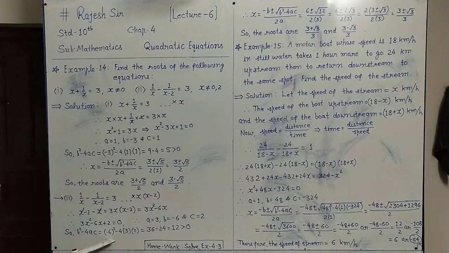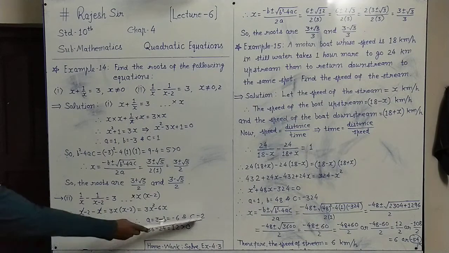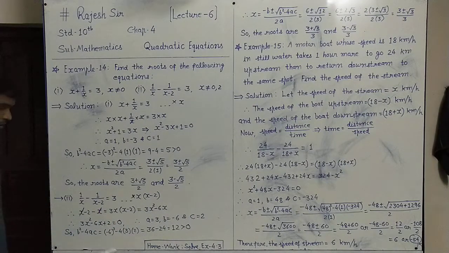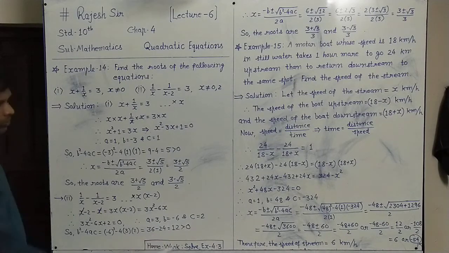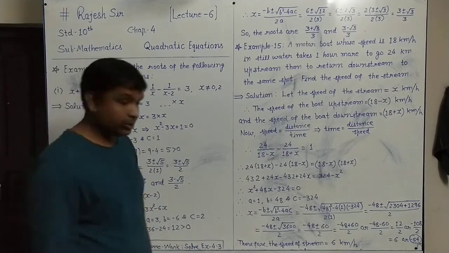So b square, b is minus 6 whole square, minus 4 into a is 3 into c is 2. So minus 6 square is 36, minus 4 into 3 into 2 is 24. 36 minus 24 is 12. It is greater than 0. So it will have real roots.